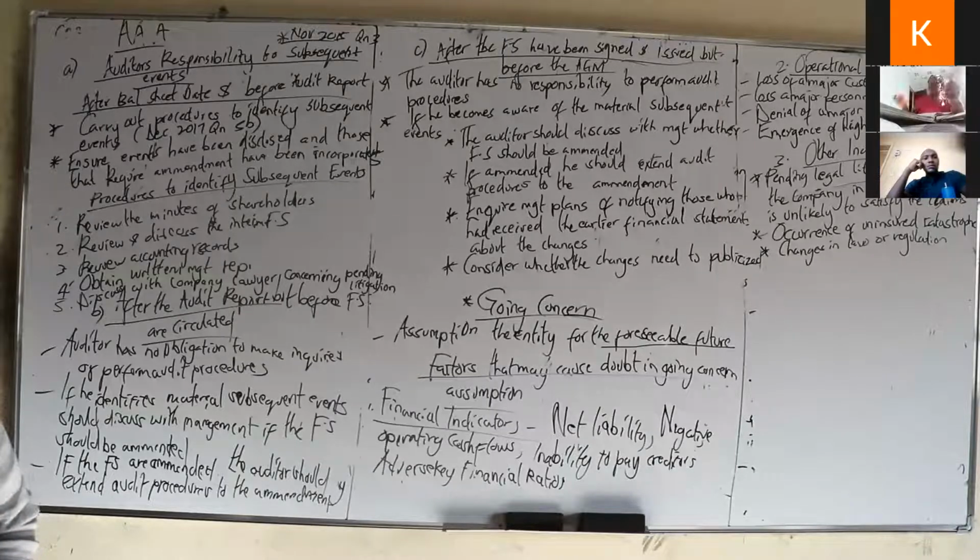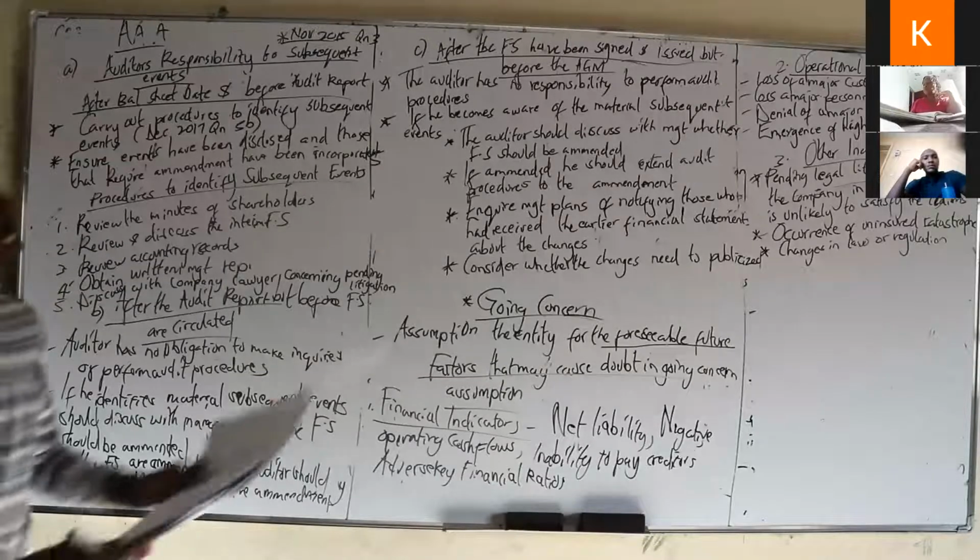So you are asked, describe the audit procedures that you could perform to assess whether or not the entity is a going concern. So one, you would look out for the indicators in this case. So the audit procedures that an auditor could perform to evaluate this would mean, for example, look out for these indicators.